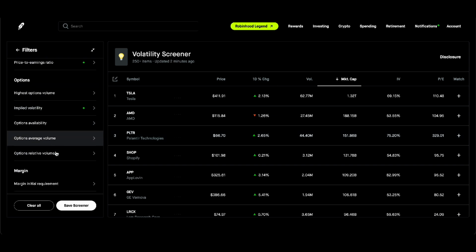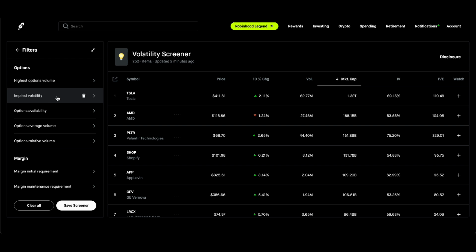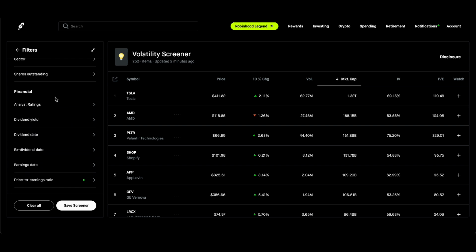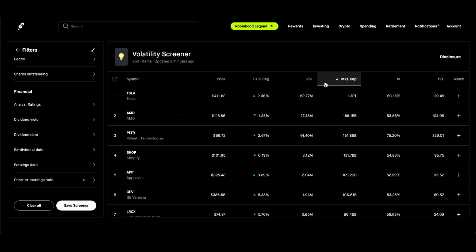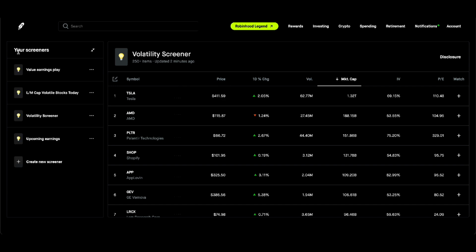So these were the top three things that I'm looking into. The rest of the things that you see, price, one day change, volume, IV, and PE, are what I'm selecting, and the first three come by default in any screener that you create. This is how I'm creating this screener.